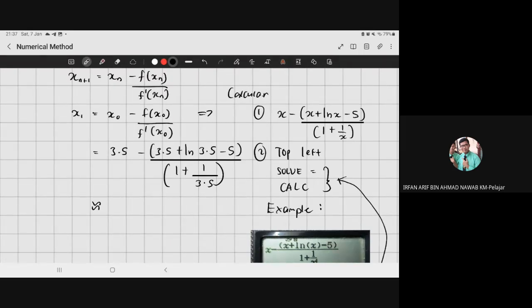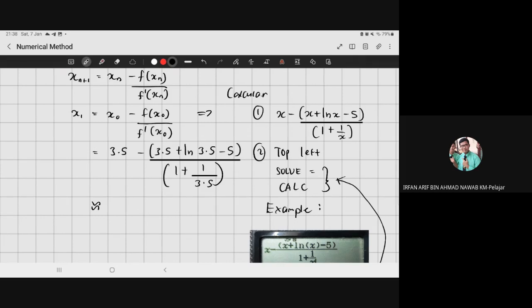The more, the merrier, but make sure that it's appropriate. For me, I would take up to 4 decimal places. But to the viewers on YouTube, if you have a better recommendation, let me know in the comments. Anyway, take up until 4 decimal places. So you should get 3.6923.